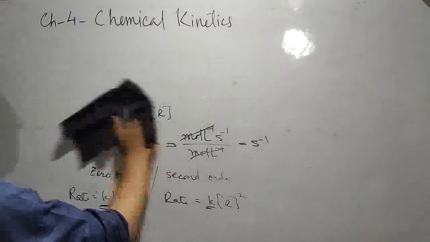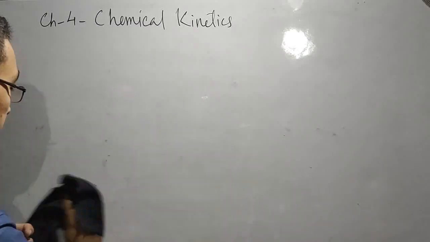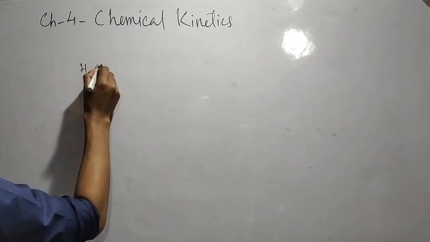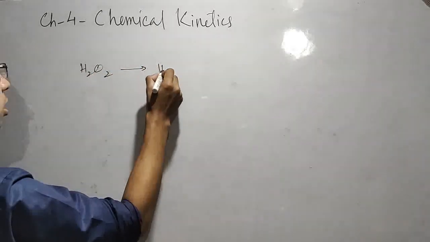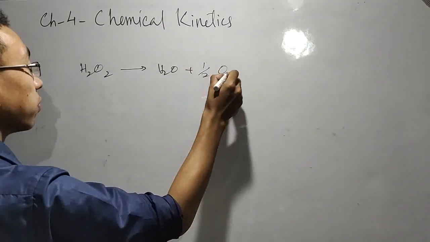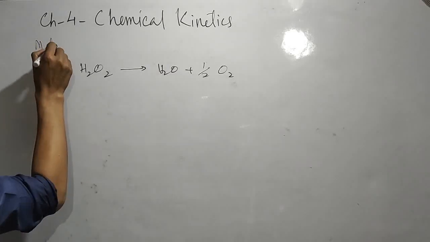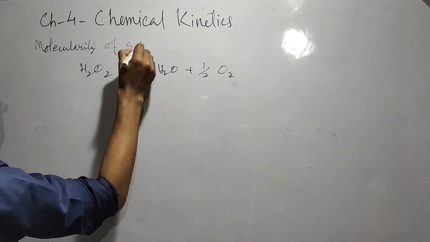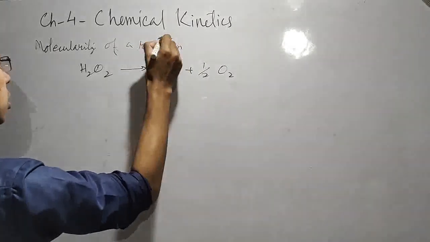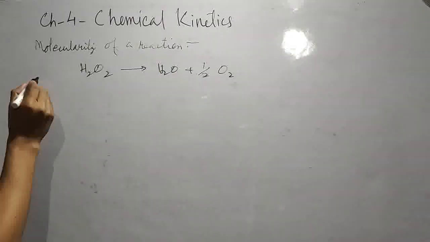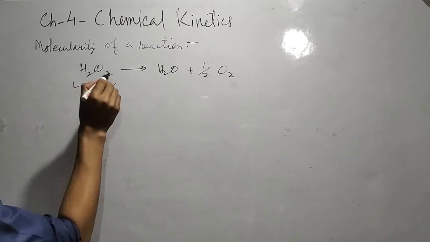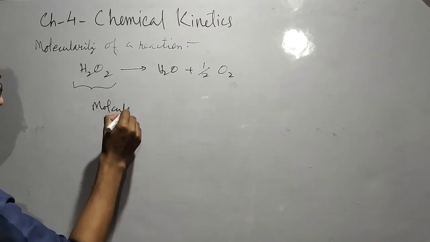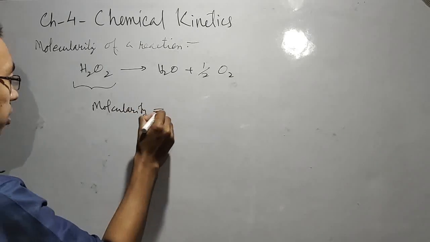Now say, for example, H2O2 gives H2O plus half O2. Molecularity of a reaction. Here the molecularity is, see how many molecules are involved, only one, isn't it? So molecularity is equal to 1.